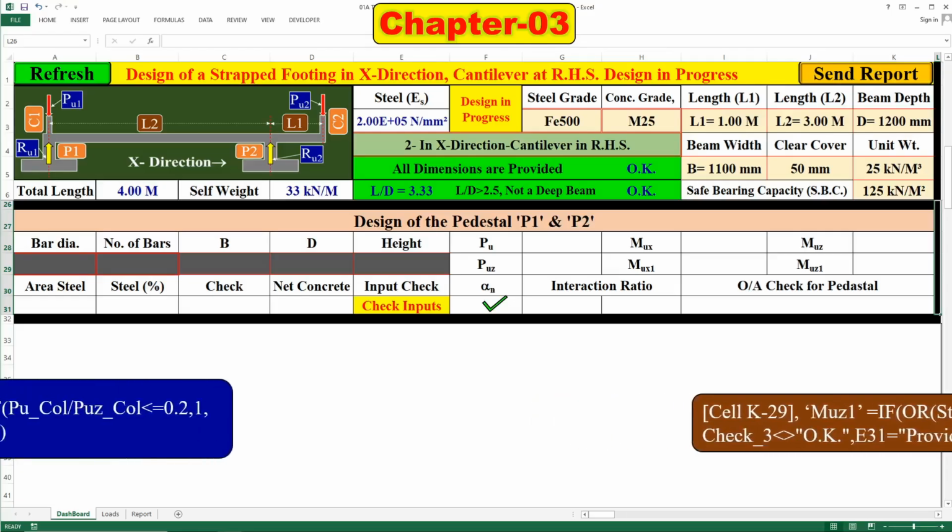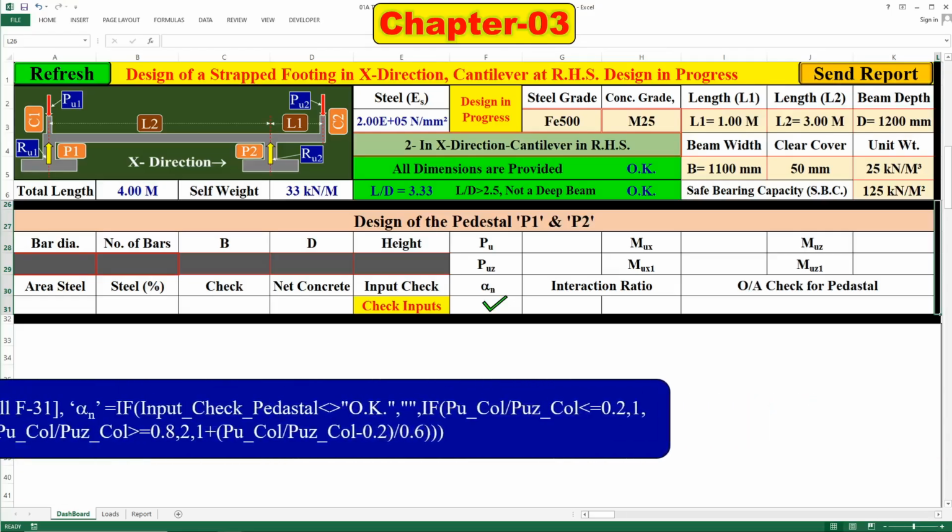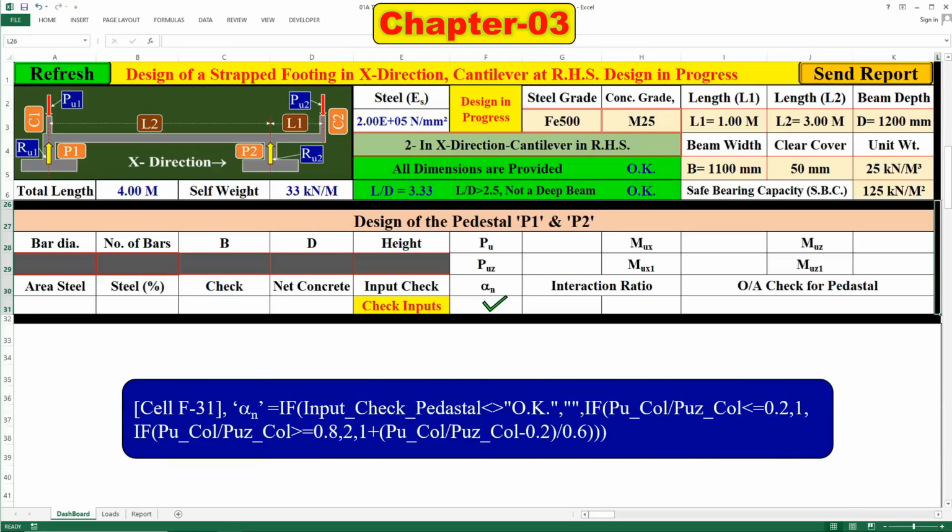The next formula is the formula for alpha_n in cell F31. The defined name of the cell is alpha_n. I have already explained what alpha_n is, in part 1 of this series. After verifying input_check_pedestal, it calculates the value.